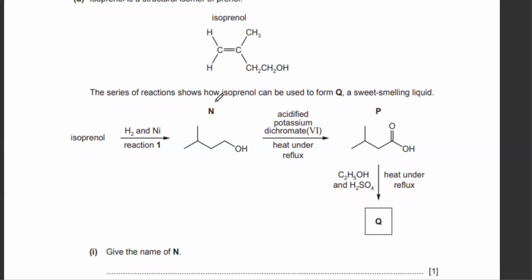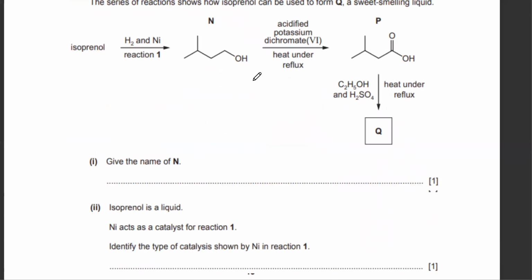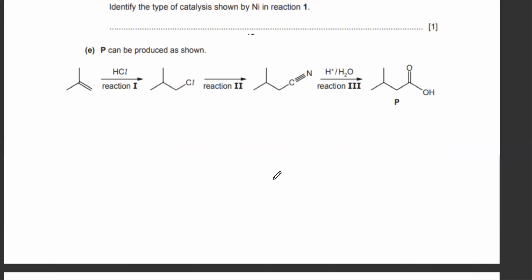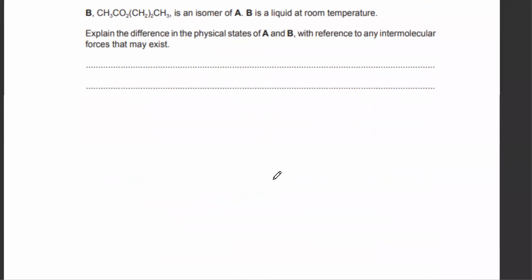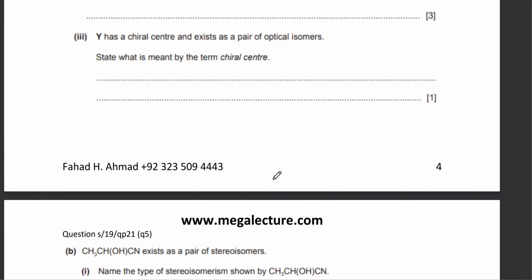And remember, all 4 groups can be different as well. The minimum condition is that each carbon atom must be bonded to 2 different groups, but there's a possibility that all 4 groups are different. They would still form geometric isomers. So anyways, let's say, that's chiral.